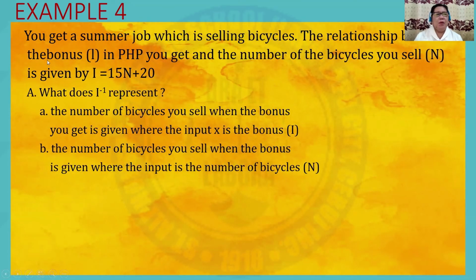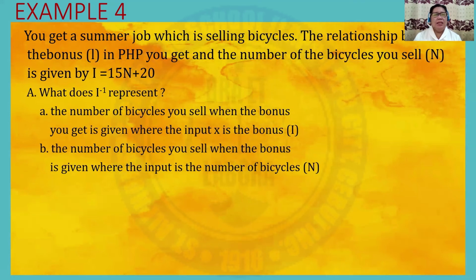Example number 4. You get a summer job which is selling bicycles. The relationship between the bonus, represented by I, in Philippine pesos you get and the number of bicycles you sell, represented by N, is given by I equals 15N plus 20.